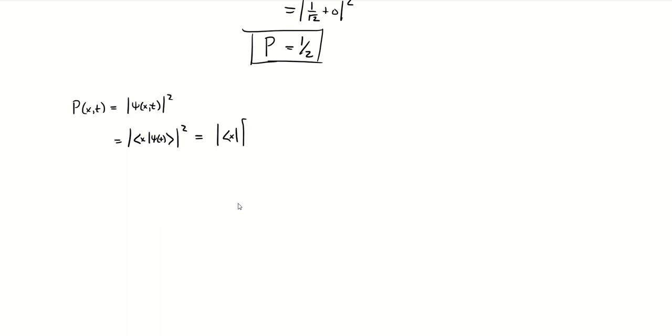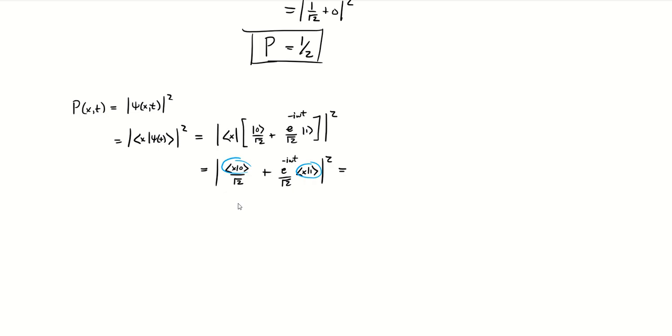⟨x|ψ(t)⟩. And we just derived our time-dependent state function as this, with e^{-iωt}/√2 on |1⟩. And if we carry this out, knowing our Dirac notation, this ends up being ⟨x|0⟩/√2 plus e^{-iωt}/√2 ⟨x|1⟩. These terms here are just our energy eigenfunctions.